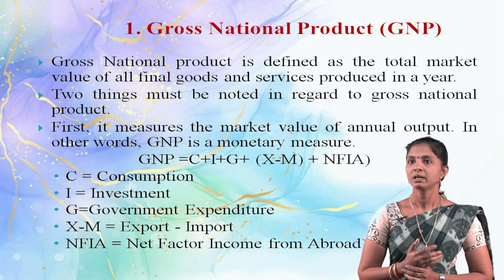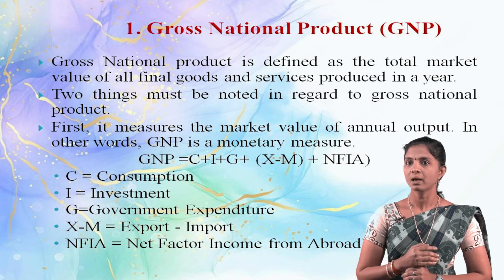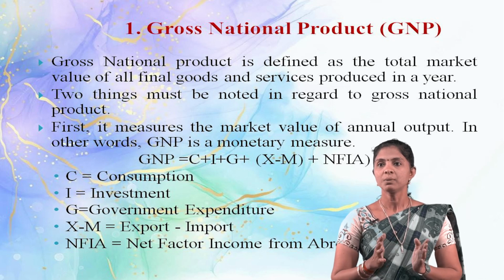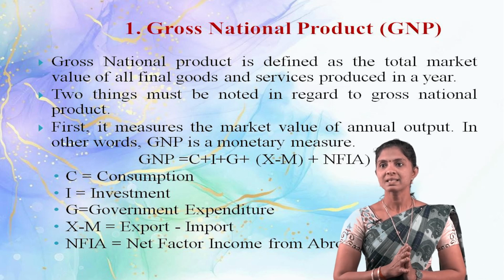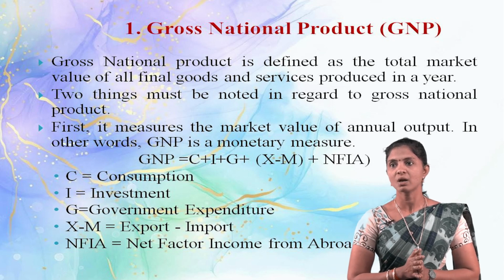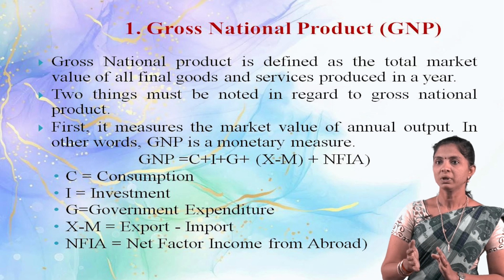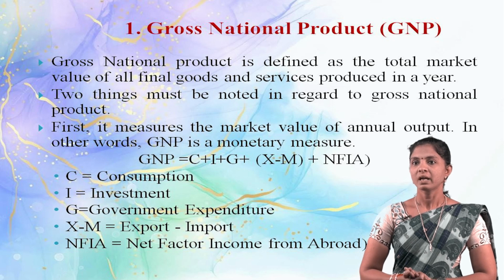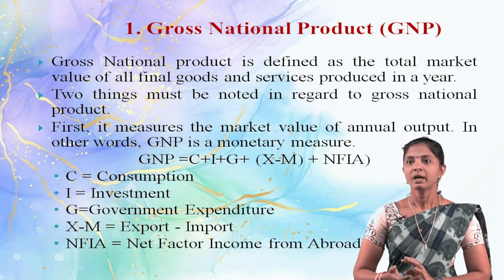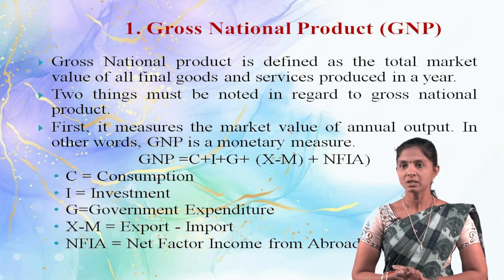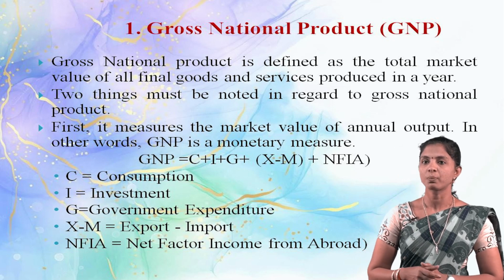In other words, the gross national product is a monetary measure. How to measure GNP? GNP equals C plus I plus G plus X minus M plus NFIA. C means consumption, I investment, G government expenditure, X minus M equals exports minus imports. Then NFIA means net factor income from abroad.